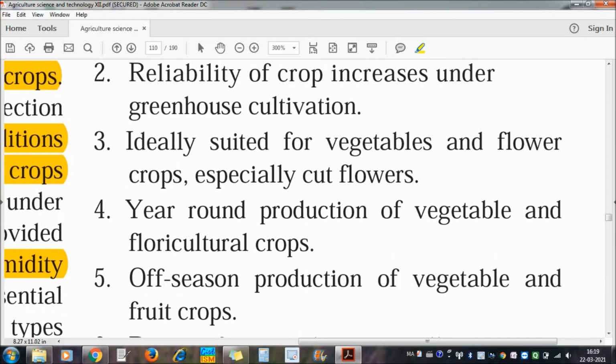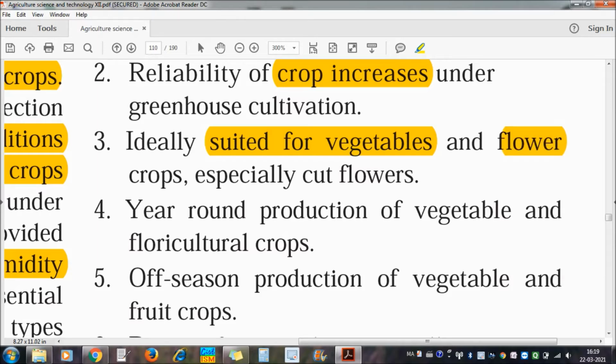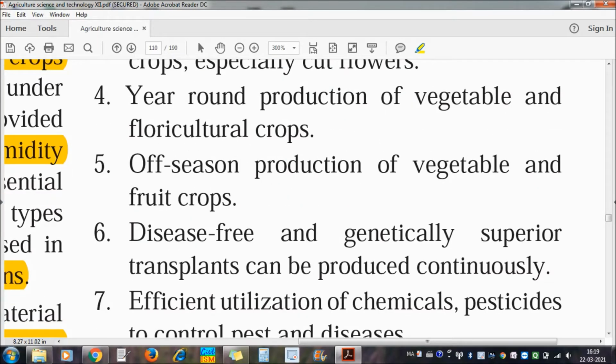Then there is more reliability of crop under greenhouse cultivation, means failure chances are very less. This is particularly suited for vegetables and flower crops. Then all over the year round, we can get production of vegetables and flowers.